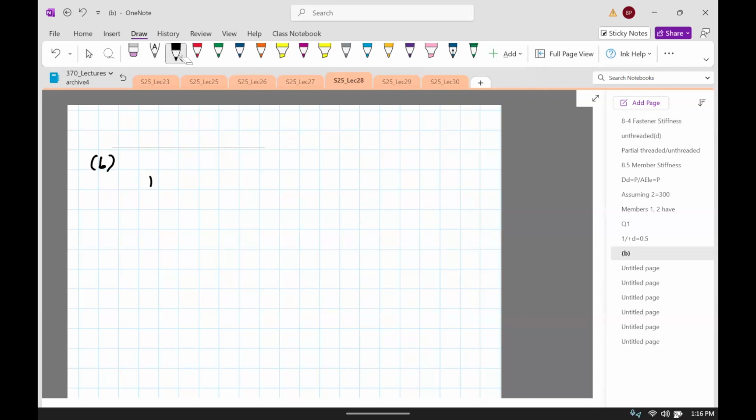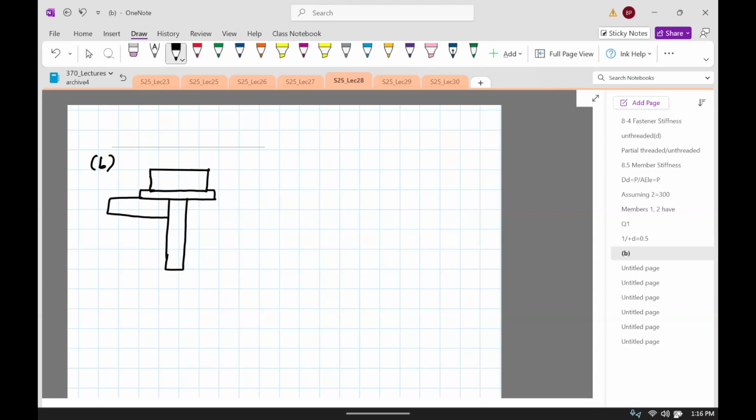Okay, here's a simplified figure. Okay, so that's my bolt.